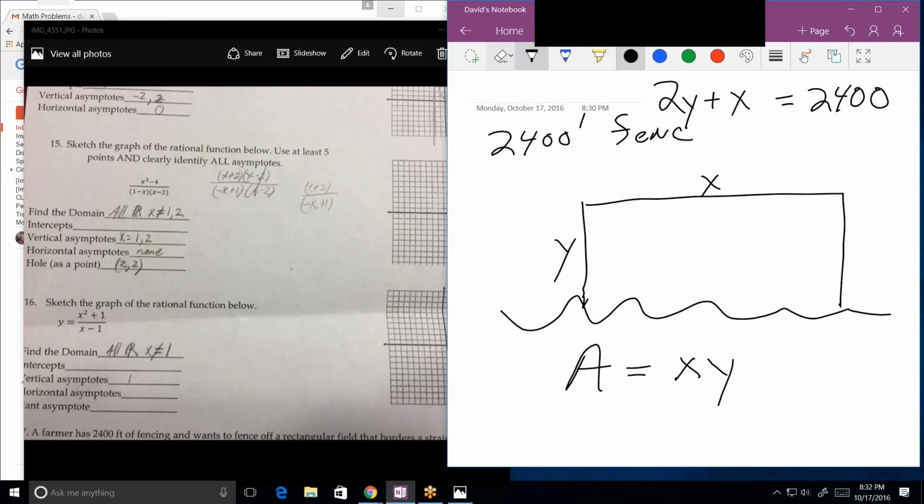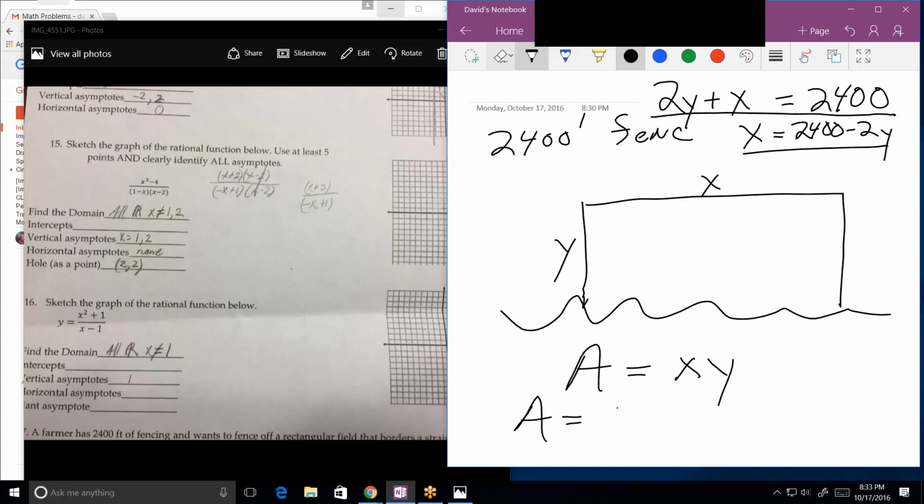And what that's going to do is allow us to determine either x or y in terms of the other variable. In other words, if I solve this top equation for x, then it's equal to 2,400 minus 2y. Now, since I've defined x in terms of y, I can go down here and plug it into the area function.